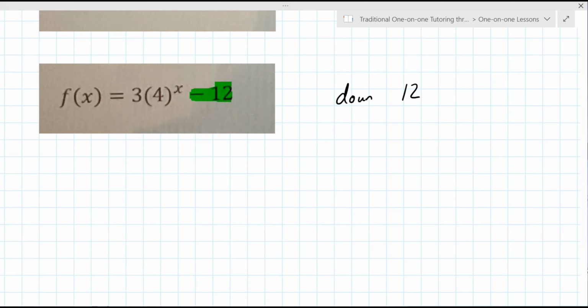It gets harder when there's more than one transformation in a function, and that can be the case. Do you have some more problems that you'd like to send over for us to look at? Yeah, I'll see what else. Okay.